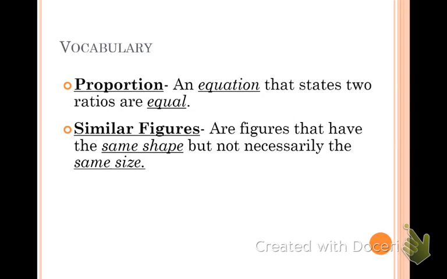Similar figures are figures that have the same shape but not necessarily the same size. Okay? Their side lengths are what we call proportional, and that's why we're talking about them at the same time we talk about our proportions. It's a use for our proportions.